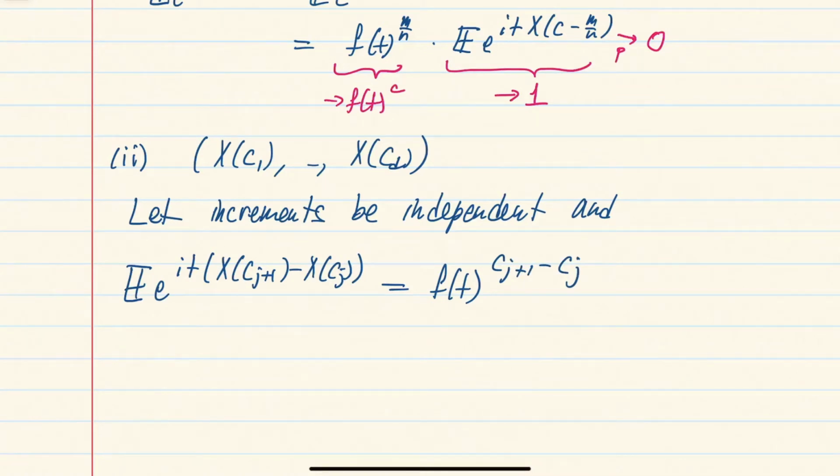And so from our discussion above, we know that any power of a characteristic function of an infinitely divisible distribution will also be a characteristic function. So indeed there is such a distribution for the increment, and it depends only on the increment of the parameter c. So we have stationarity built in right into this definition, as well as independence of increments, and so this defines finite dimensional distribution of the process.